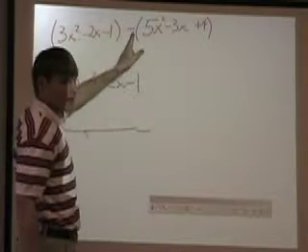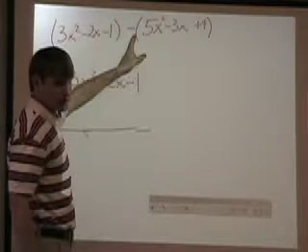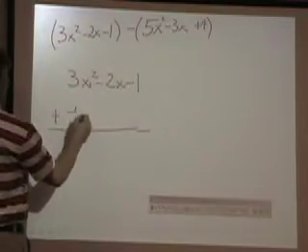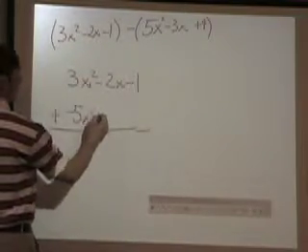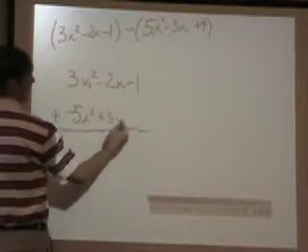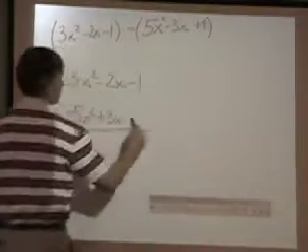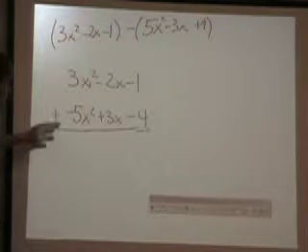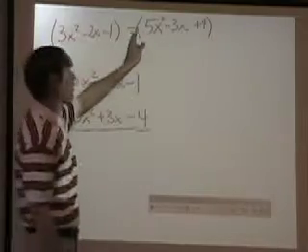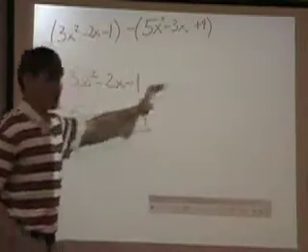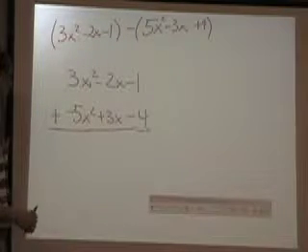Because there's a minus outside. So positive 5x squared becomes negative 5x squared. Minus 3x becomes plus 3x. Plus 4 becomes minus 4. All we did there was distribute the negative to everything, or change the sign of everything. It means the same thing.